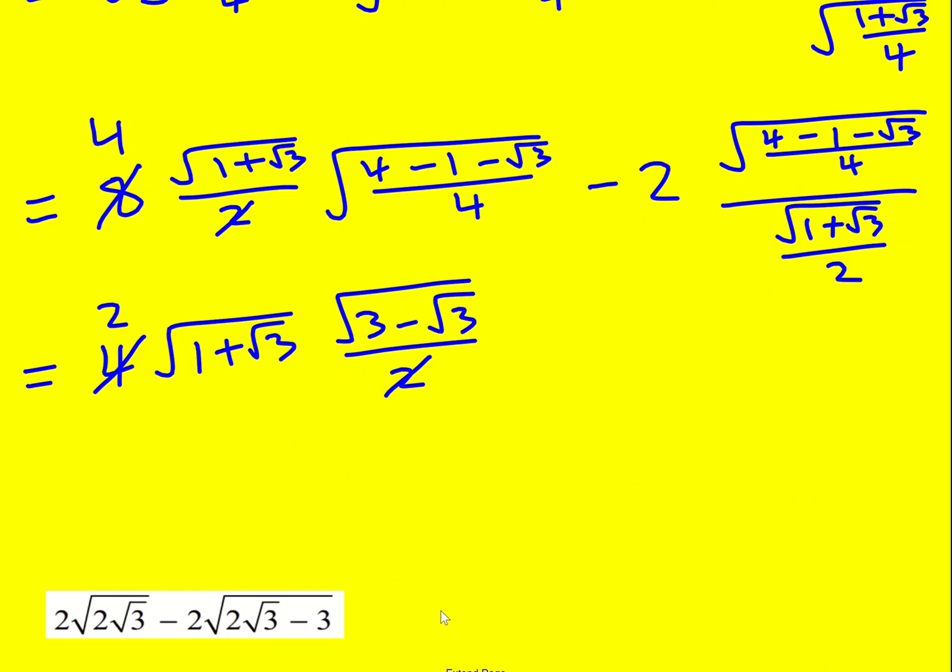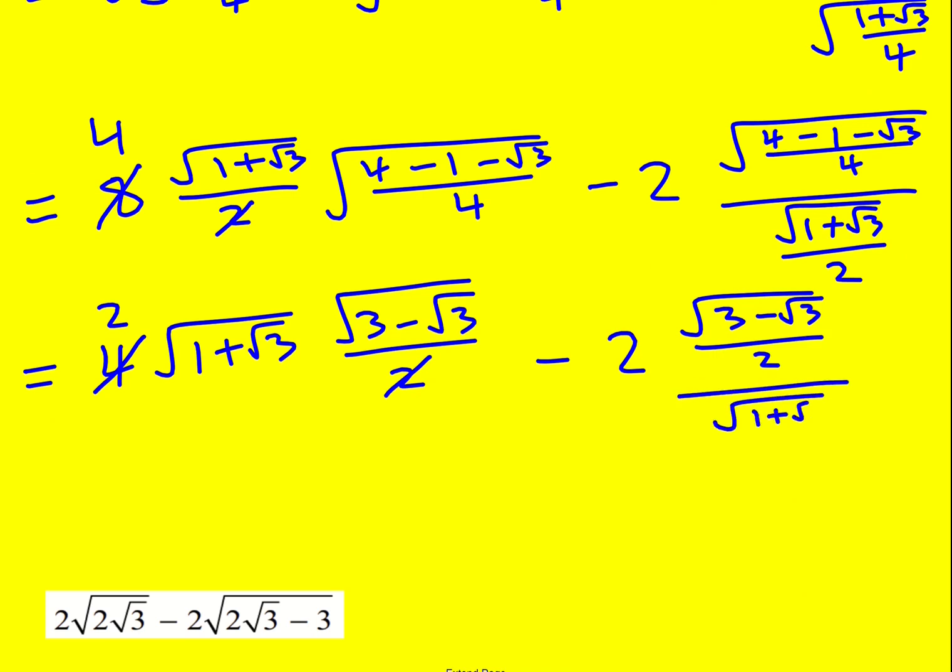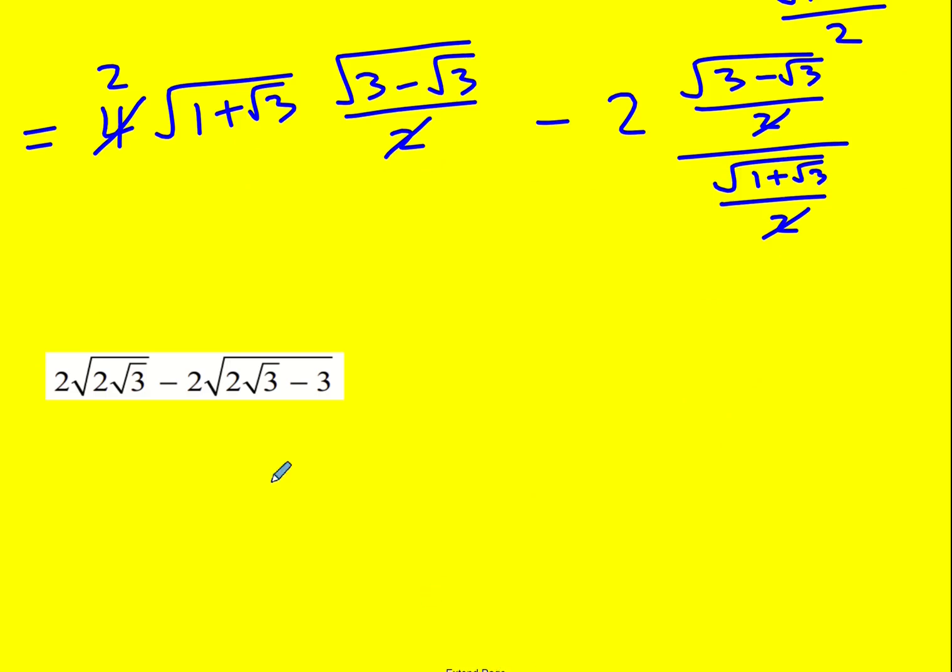And then minus 2 lots of 3 minus root 3 over 2 all over 1 plus root 3 over 2. These will cancel. Alternatively, you can times by the reciprocal of this, and then you can see that it cancels. We're getting there. Let's keep going.